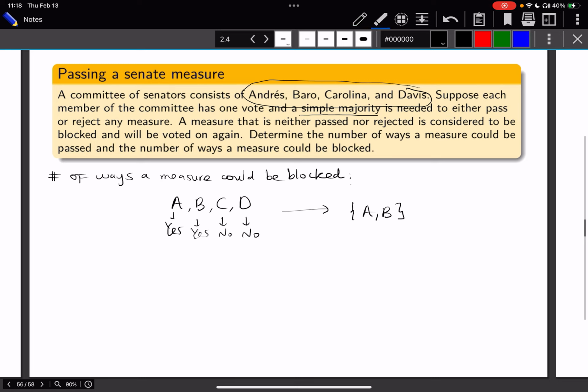The other 2 are outside of that set. That's one possible way of getting the measure blocked. Now we can think of another 2 people voting yes. So for instance, Andres votes yes, Varo votes no, Carolina votes yes, and Davis votes no. We would get the set A, C, the set of people that vote yes.